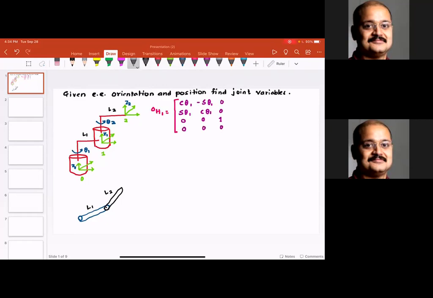And for the sake of completion, I would give you these distances, A1 and this is A2.